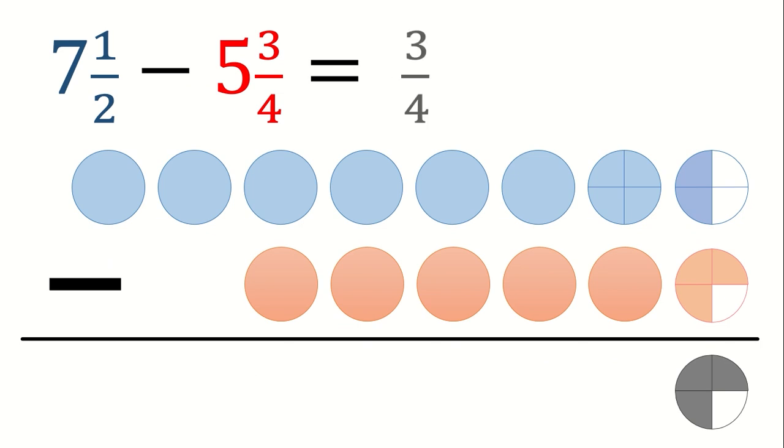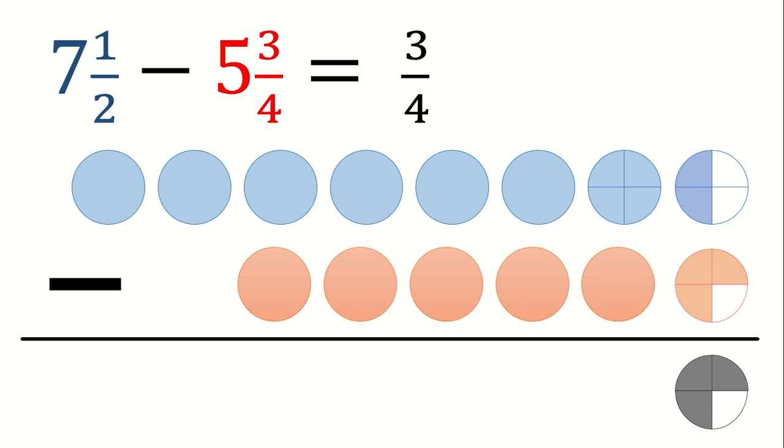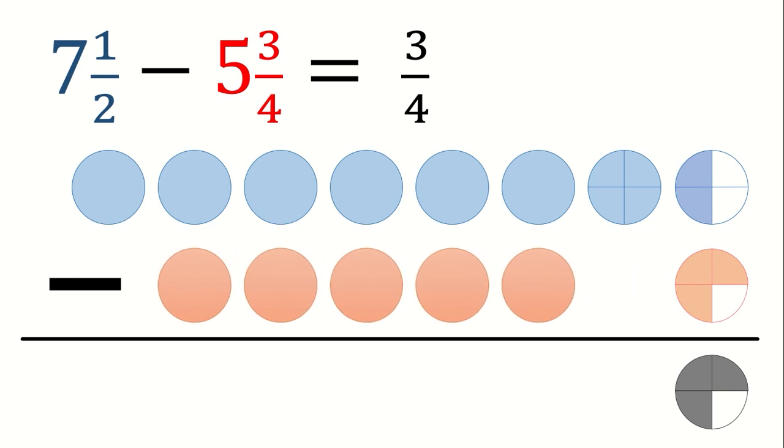And for the whole numbers, we can move the bottom number to the left side to subtract it more easily. The whole circles in the above number are 6, and in the bottom number are 5. So 6 minus 5 gives us 1 unit of circle.